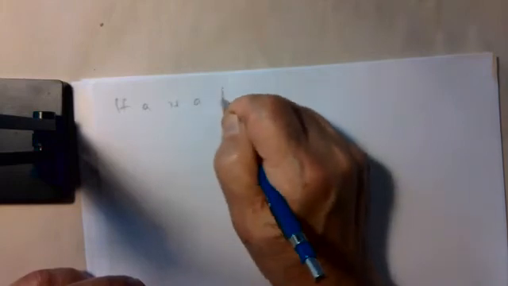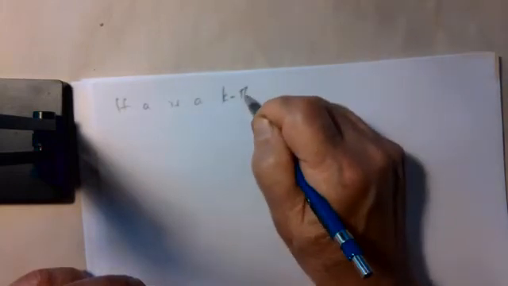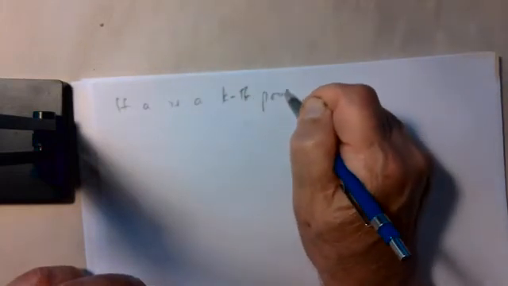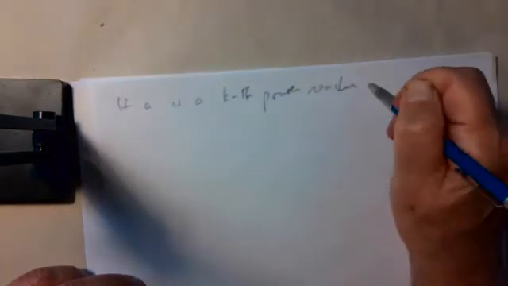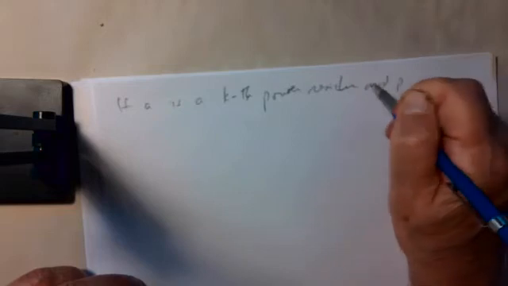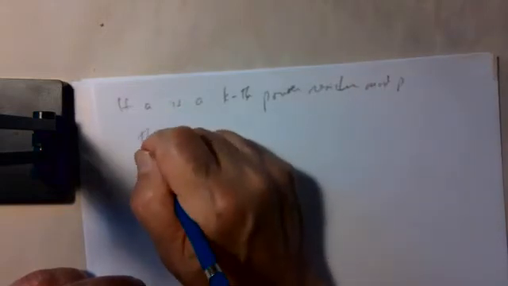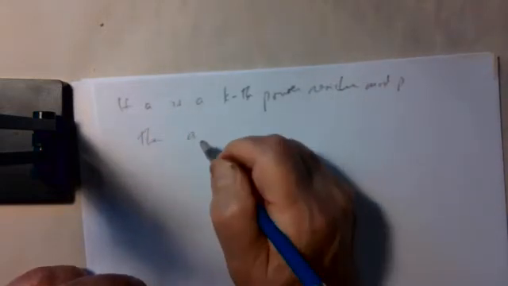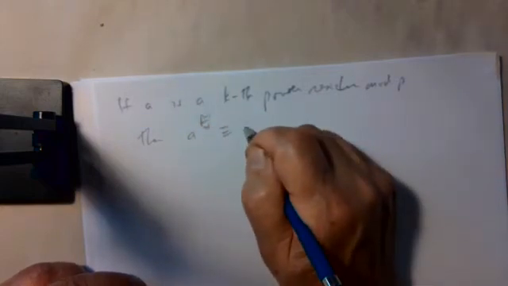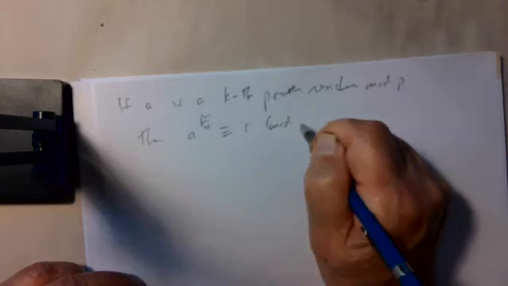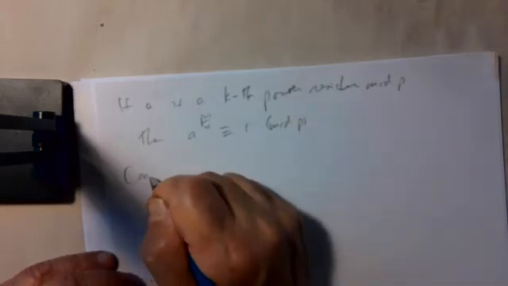What I just showed is that if a is a kth power residue mod p, then a to the power p minus 1 over d is congruent to 1 mod p.